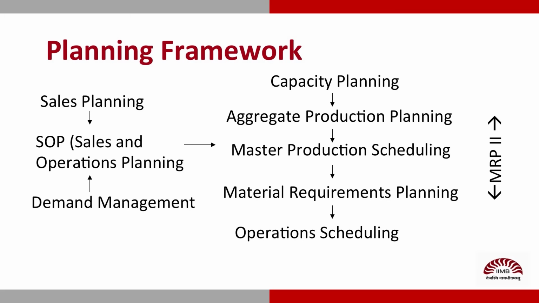We have capacity planning, and next level we have aggregate production planning, then we have master production scheduling, and by this time we should realize that we have arrived at master production scheduling by looking at what type of products when to make based on the capacities that we have.